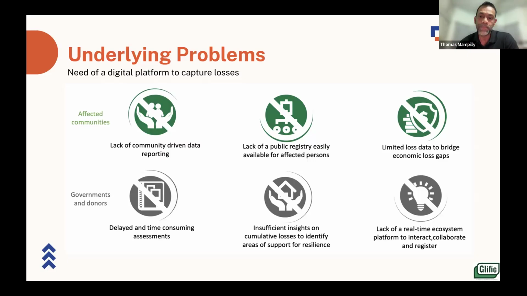connection. Finally, there's not enough of this loss data to bridge the actual losses. From the government side, or even the donor or agency side, CSOs, NGOs, and so on, collecting this kind of data is super time consuming and quite expensive, right?